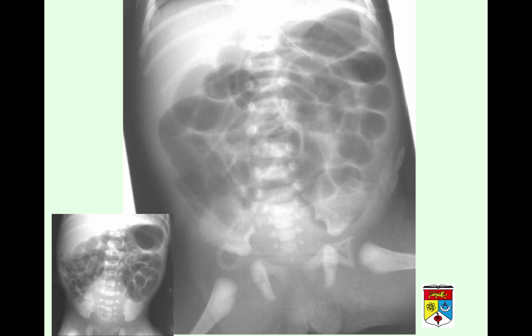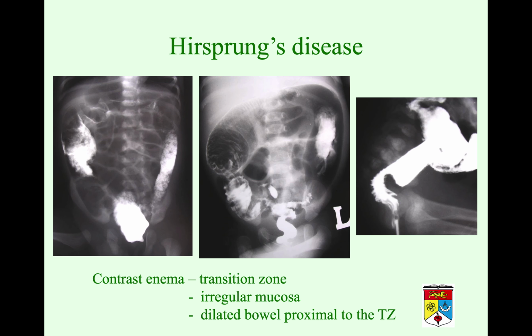There's absence of air in the rectum with multiple dilated loops of bowel out there. Then think about a more distal bowel obstruction, for example, in the rectosigmoid colon, so in the case of Hirschsprung disease. Because it's a low bowel obstruction, we will do a contrast enema.